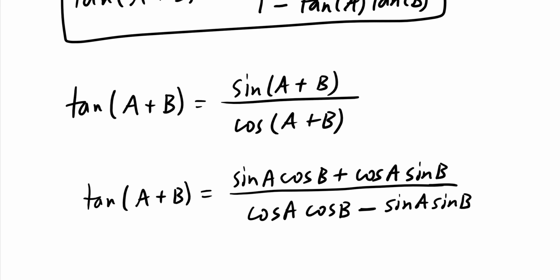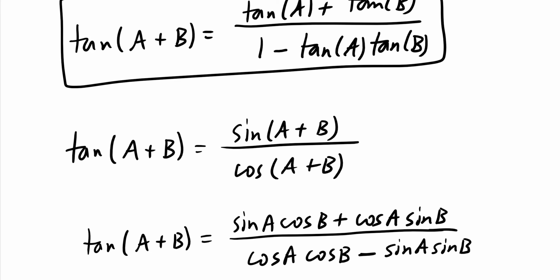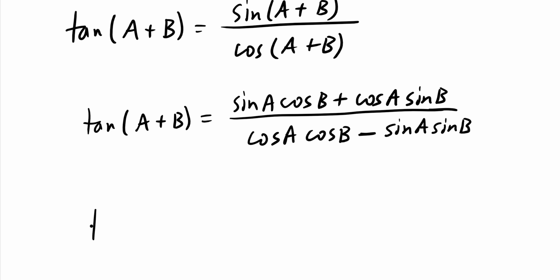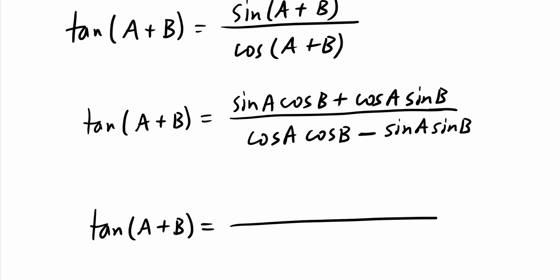Now how do I get everything in terms of tangent? Well, let's see. So let's keep this the same. I'm going to write everything the same. Leaving some space because I'm going to divide by something in a minute.